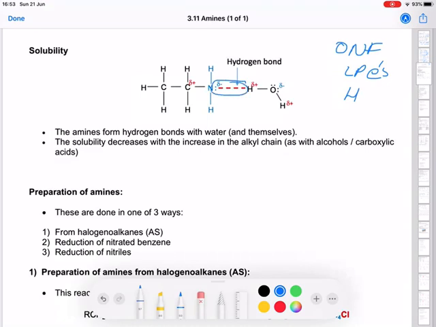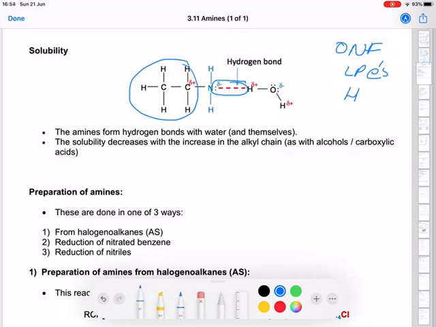And just like the alcohols and the carboxylic acids, as the alkyl chain gets larger and larger, it interferes with the formation of the hydrogen bonds, so fewer hydrogen bonds are able to form, which means that the van der Waals forces of attraction then become the overriding force of attraction, which basically means it becomes insoluble.